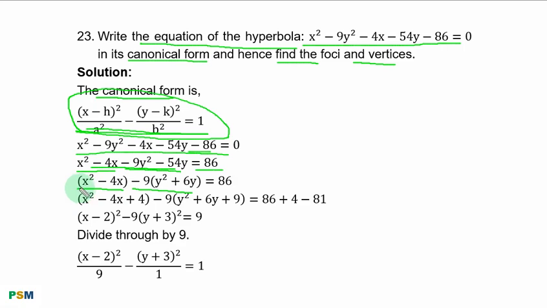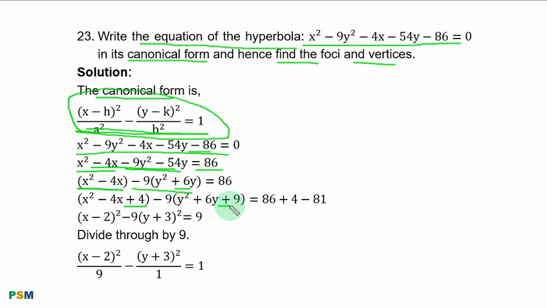To do that, from here, you take half the coefficient of x, that is minus 2. You square it, you have 4, you add it. When you come here, half of coefficient of y is 3, you square it, that is 9, you add it.